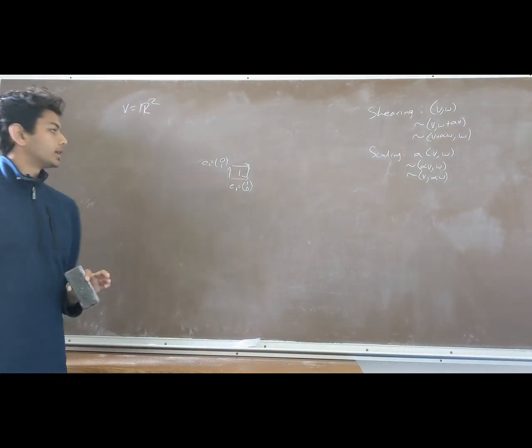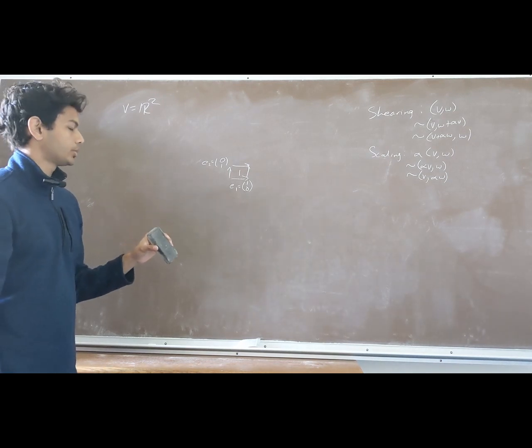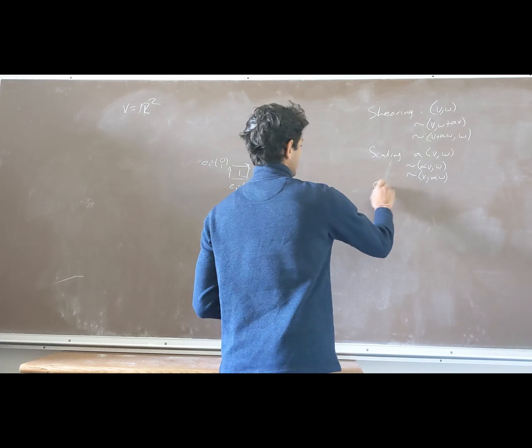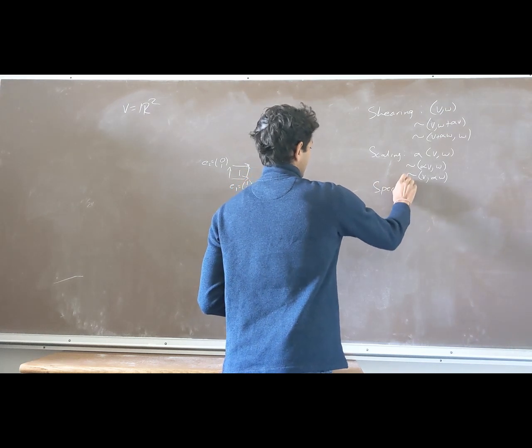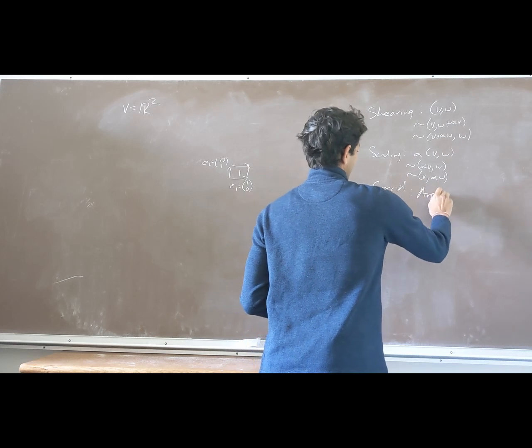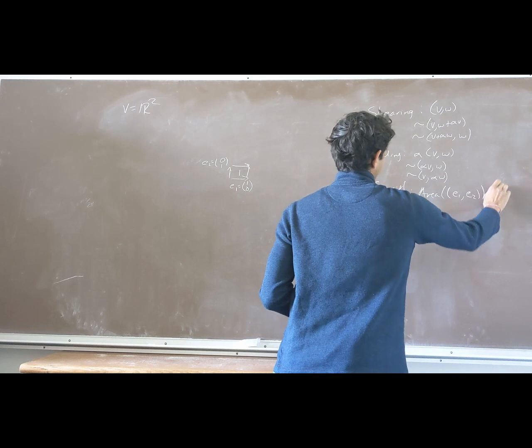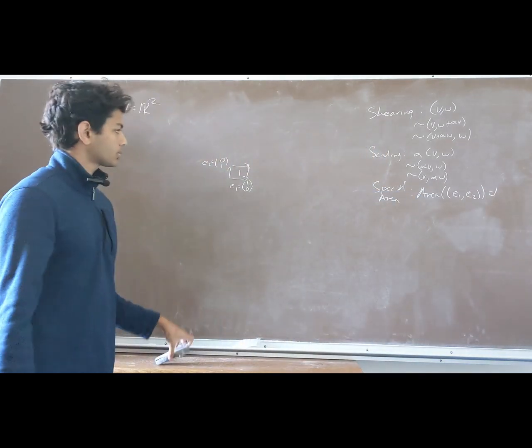And finally, we need one more axiom, which is that the area of this guy is equal to 1. I'll call this the special area axiom, and I'll say that the area of the pair E1, E2 is equal to 1.